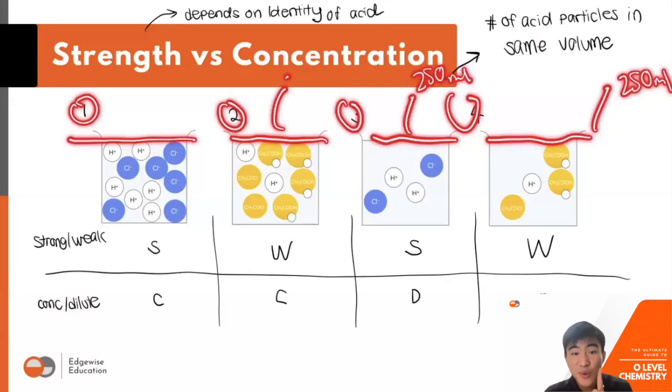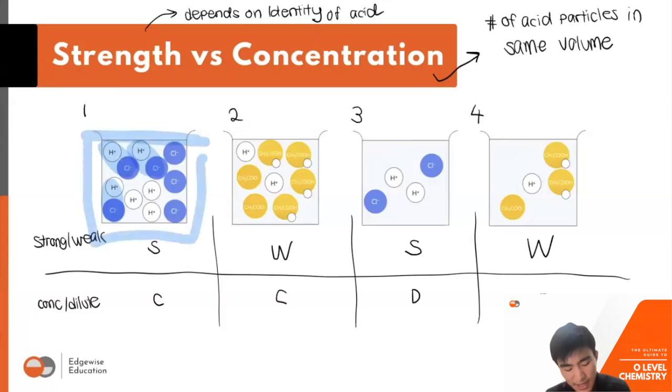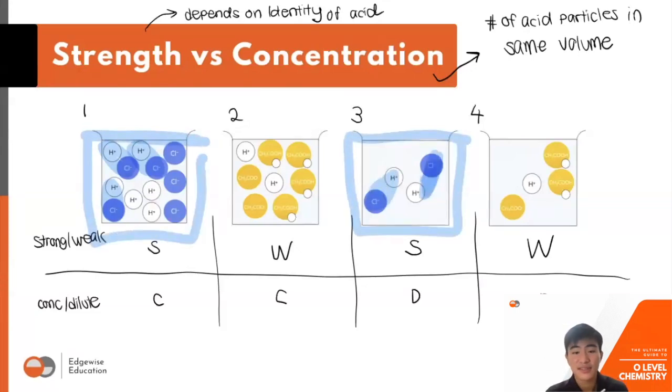What I'm only counting is this: like that, I got 1 acid molecule, like that, 1 acid molecule. So I have many inside this same volume. Compared to this one, I have 1, 2. Very little. So this one has less and this one has more. The more one is more concentrated. The less one is less concentrated.